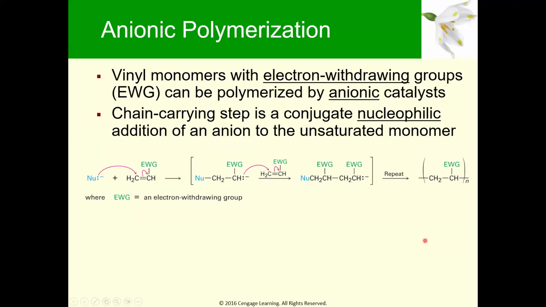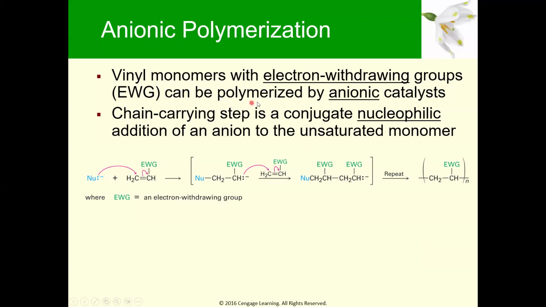All right, so the other way to do it is with a negatively charged ion, an anion. And so if it makes sense that an electron donating group will stabilize a carbocation and facilitate the cation chain growth polymerization, then an electron withdrawing group in the vinyl position will stabilize the carbanion and facilitate that mechanism of chain growth polymerization.